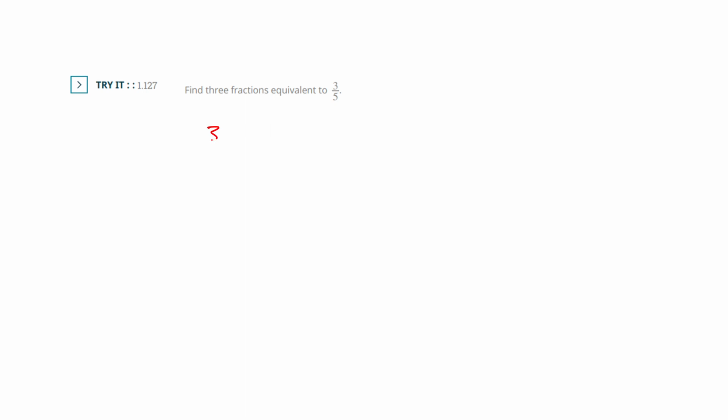So I don't think this is particularly valuable, but let's say we multiply the top and bottom by 2. We get 6/10. Let's say we multiply the top and the bottom by 3. You got to do it to both. Let's suppose we multiplied them each by 4. So I'd have 12 over 20. Okay, same thing here.